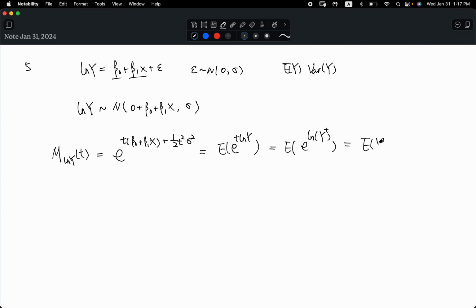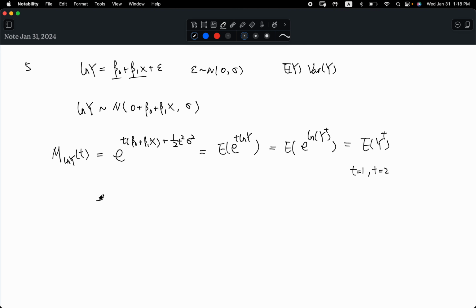So we have the simple form here. By looking at that, we notice that when we set t equal to 1 and t equal to 2, we are able to get the first moment of y and the second moment of y. That should help us to evaluate the expectation of y and the variance of y.